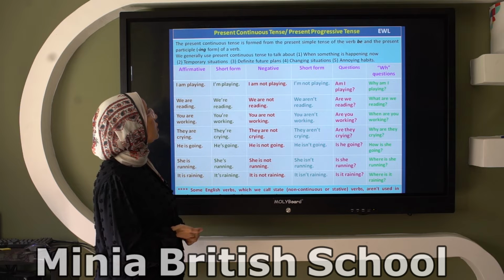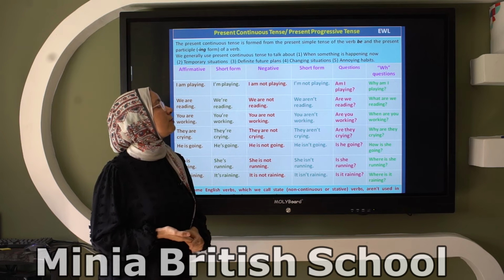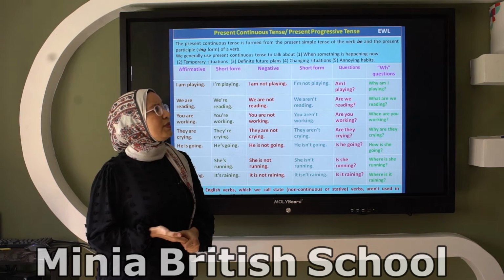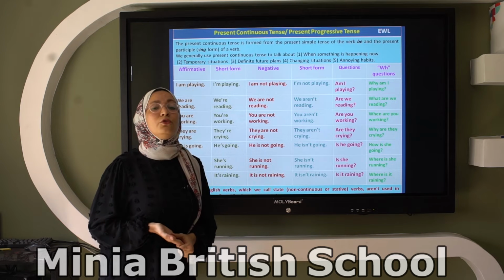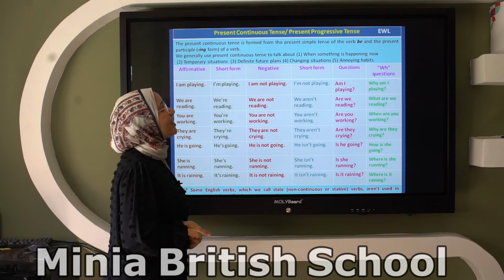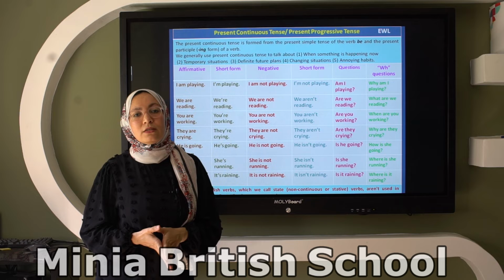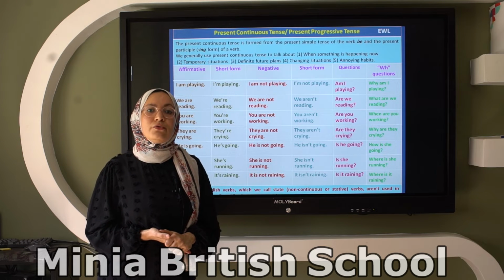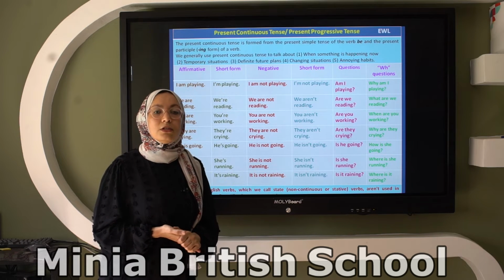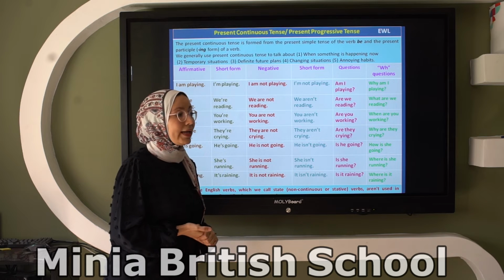We generally use present continuous to talk about, number one, something that is happening now, a temporary situation, definite future plans, changing situations, and annoying habits. Of course, we are going to take every single use of the present continuous in detail later.